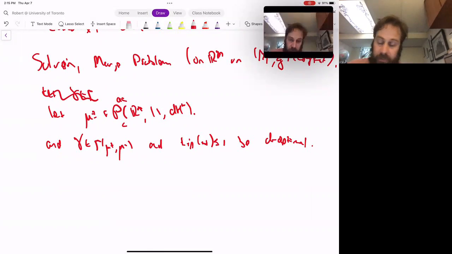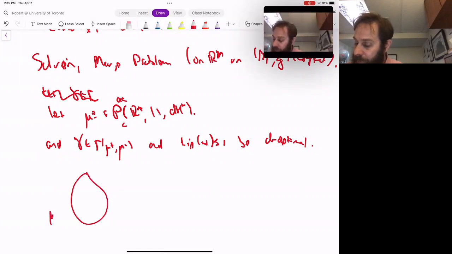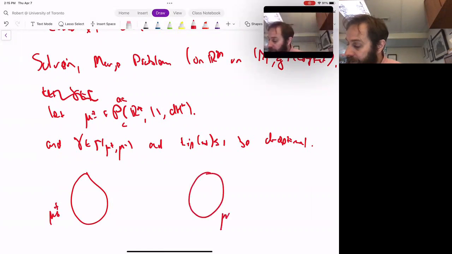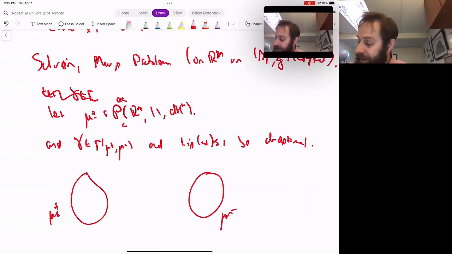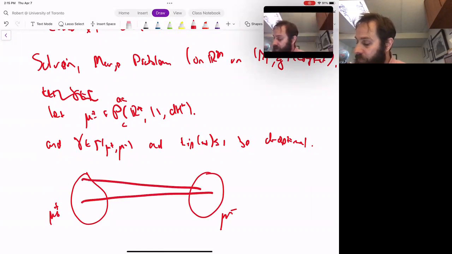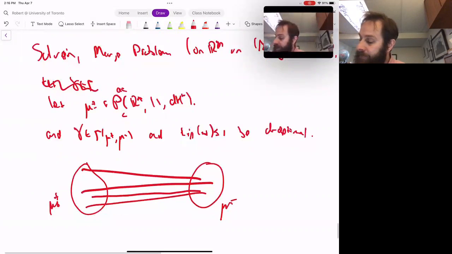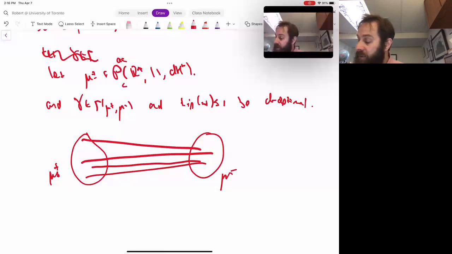And I'm going to construct this partial ordering and equivalence relation induced by u. And the picture is that somehow mu plus lives over here and mu minus lives over there. And the Lipschitz u is decreasing at maximum rate under a bunch of rays like this, which don't cross each other. And the idea is I disintegrate these two guys.